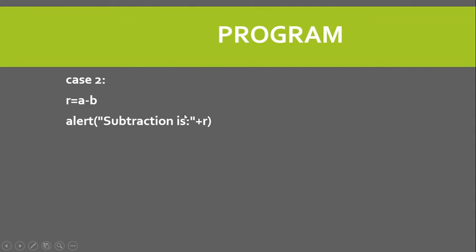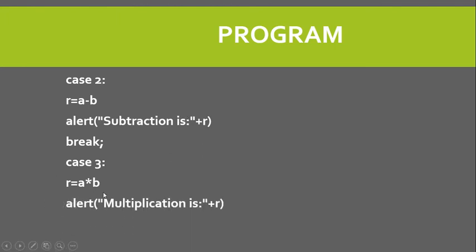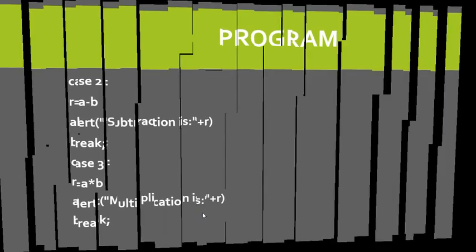Then break. Case 3, r is equal to a into b, so alert multiplication is plus r. Break. Clear? So these are the cases. Case 4, division, r is equal to a divided by b. Alert division is plus r.